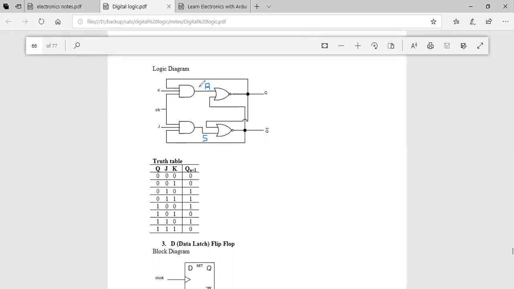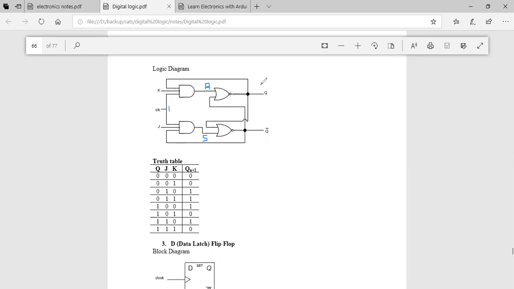If you have these two inputs, you will always be able to tell what you have at Q and Q bar. But that has to come from these inputs we have here, which are called the J and K. The clock will always be assumed to be 1.